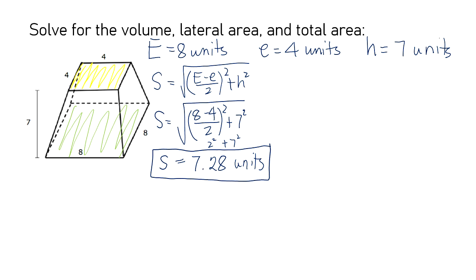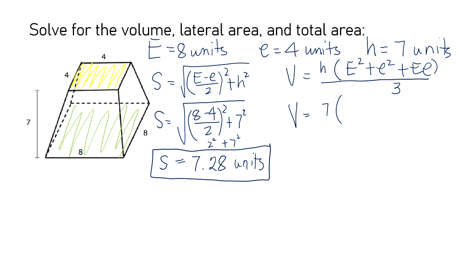Now let us solve for the volume. So volume is height times big E squared plus small e squared plus big E times small e, all over 3. So here we get 7 times 8 squared plus 4 squared plus 8 times 4, all over 3.